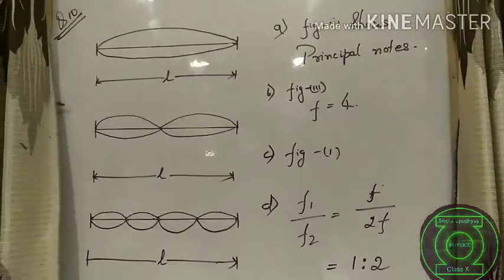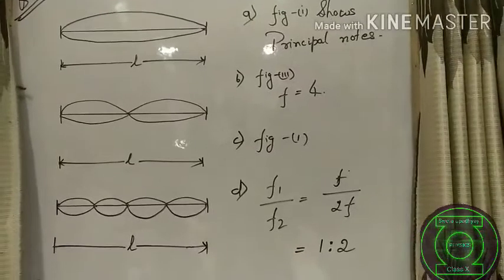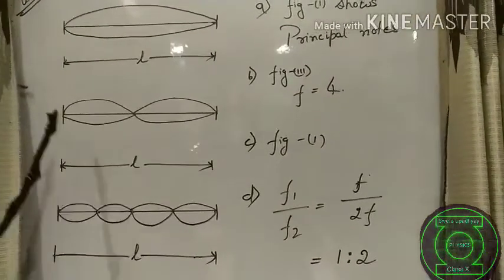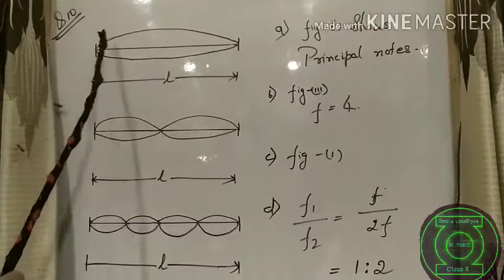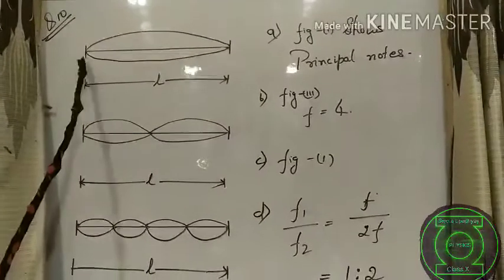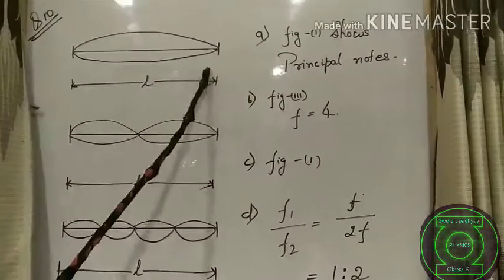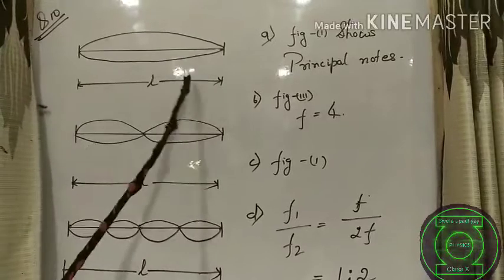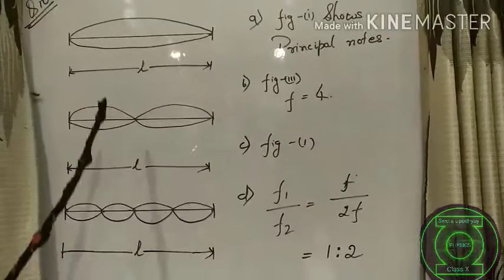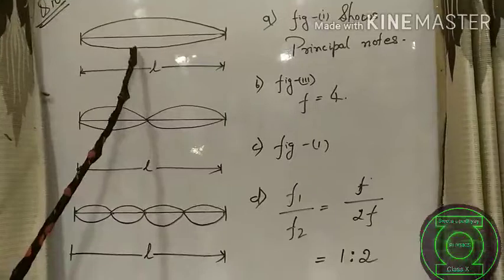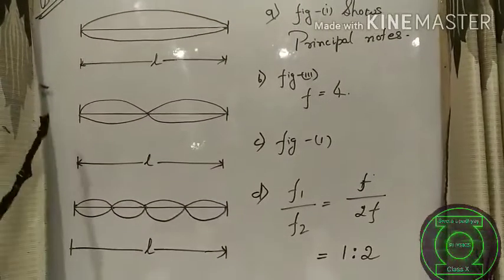In the first question they ask which diagram shows the principal note. Now what is the principal note? If the wave starting point and ending point form one wave, that is the principal note. See, in this we have 4 waves here, 2 here, 3. Similarly, the first one, diagram 1, shows the principal note.